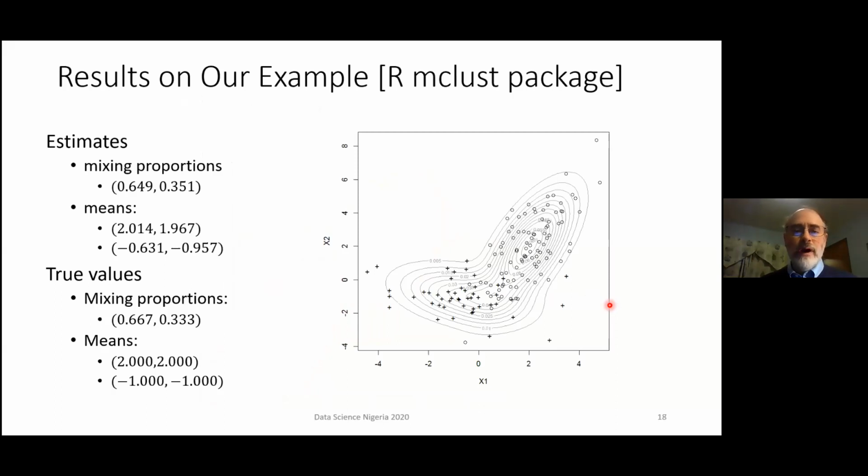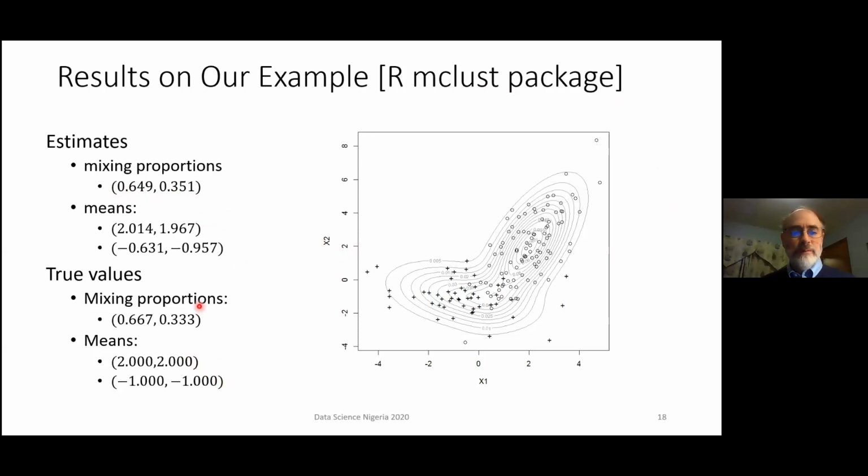If I run this in the R language, there's something called the mclust package, which will do mixture model clustering, and we end up with these estimates for our mixing proportions. It's not 2/3, 1/3, but it's close, and the means were not exactly the true values.